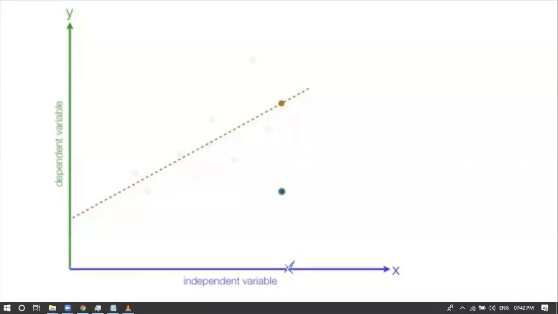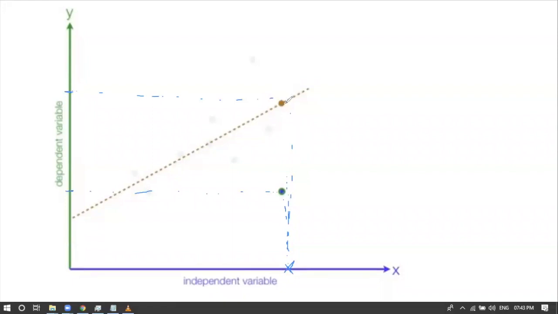Now, according to the line, if the value of x is here, then the value of y will be this point. Okay, but because we know this point is here, it means the actual answer is this.